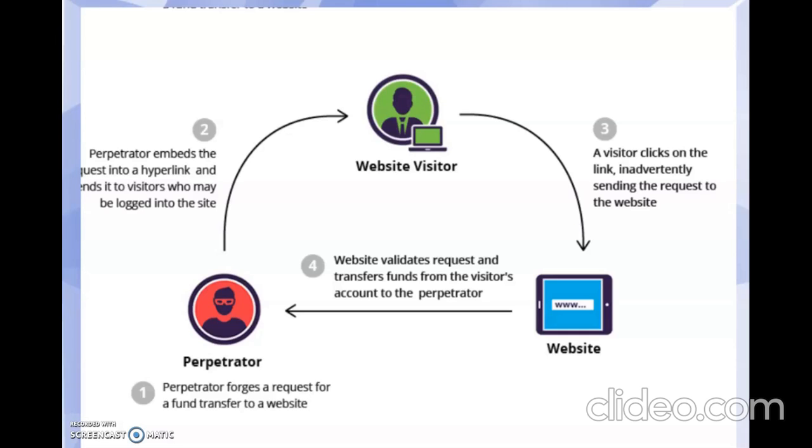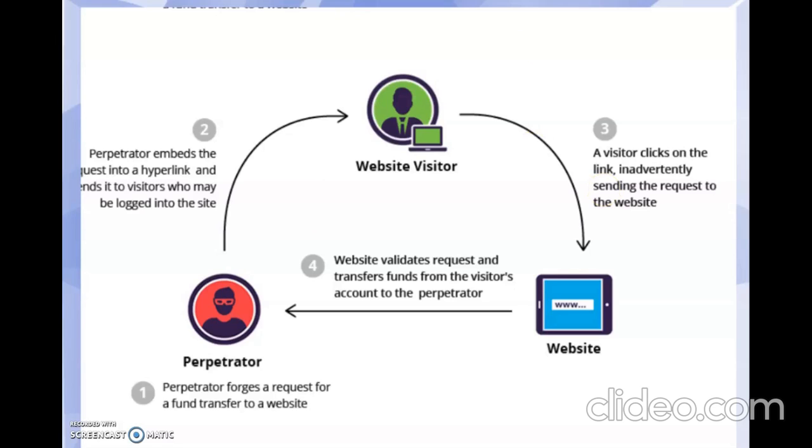This can be done by embedding the request into a hyperlink or image, tricking the user into clicking it. The visitor clicks on the link, which sends the request to the website. The website validates the request and transfers the funds from the visitor's account to the hacker's account. So this is how the CSRF attack can take place.